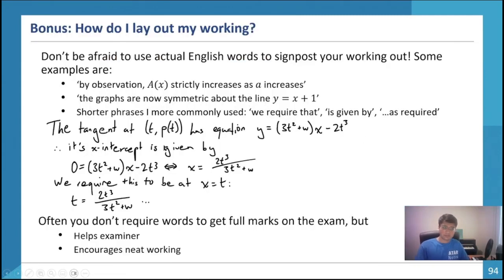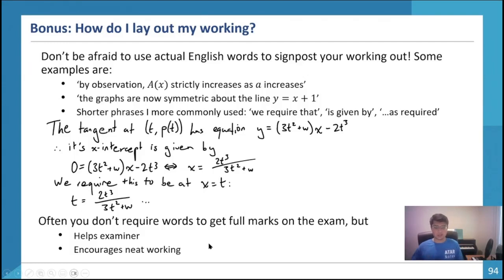So here I just took an annotated solution straight out of my bound reference and put it into the PowerPoint. This was my exact working for one of the questions, and you can see there's more actual words than working out. Now the thing is, while you don't require words to get full marks on the exam, it's really good because it helps the examiner figure out what's going on with your working. It signposts your working out, as well as encourages you to be neat with your working.